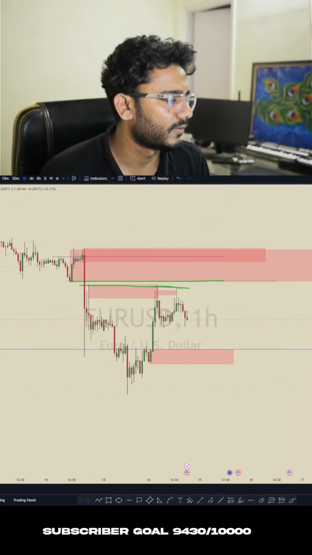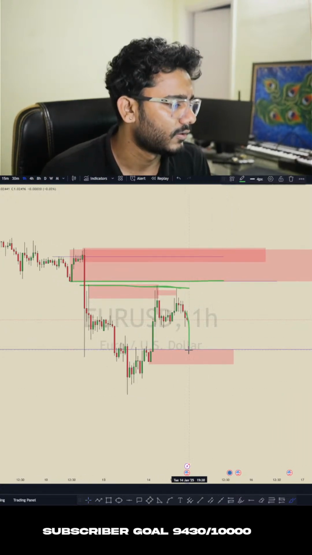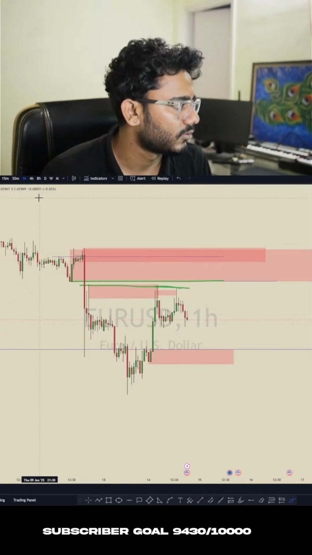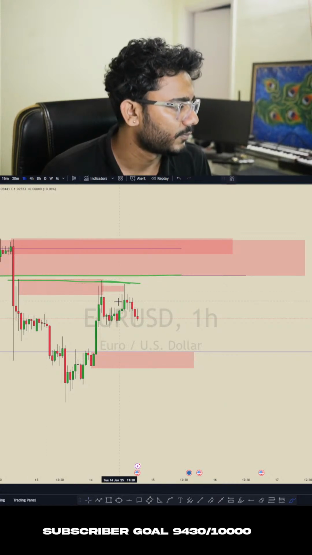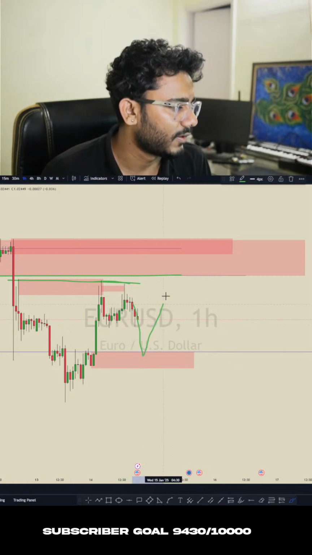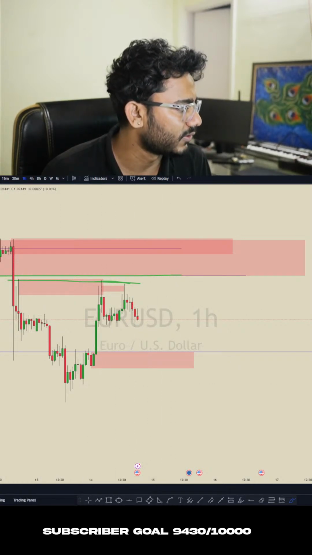And again, if price gives us a change of character here. For price to go down from here, it needs to go to the upside, right? So what price can do is tap this area, and then price the internal structure here.